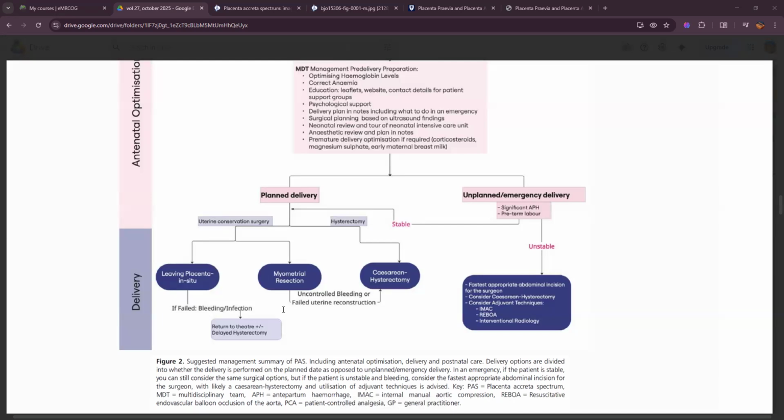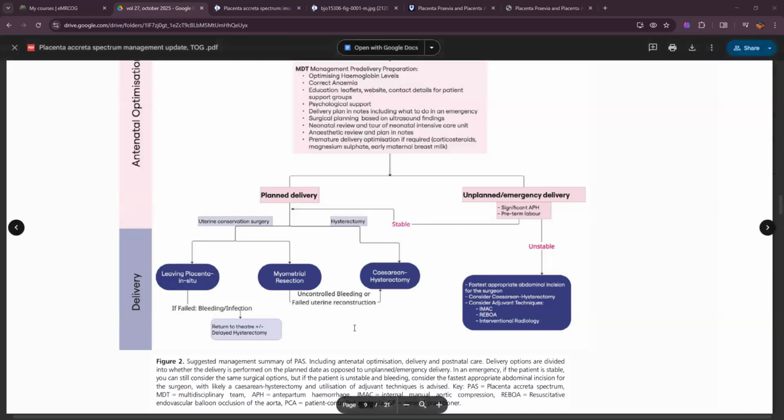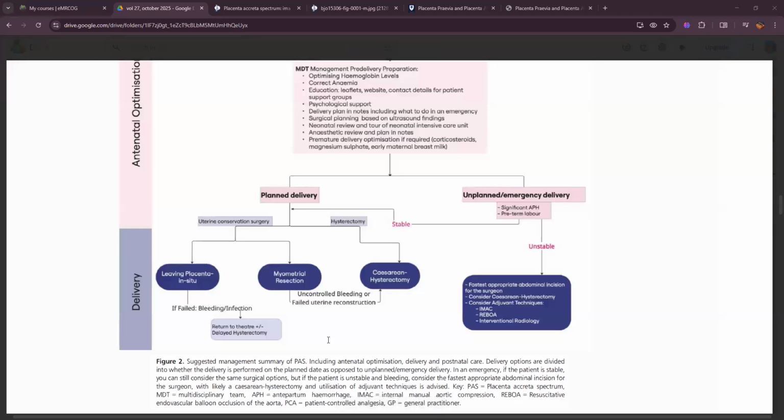If you have a planned delivery and you know that there is a placenta accreta spectrum, suspected placenta accreta, and the patient wants to have a uterine conservation surgery, or let's say you don't have the capabilities to perform a hysterectomy or to go on with this kind of surgery because you were surprised by the placenta accreta. This is an exam question.